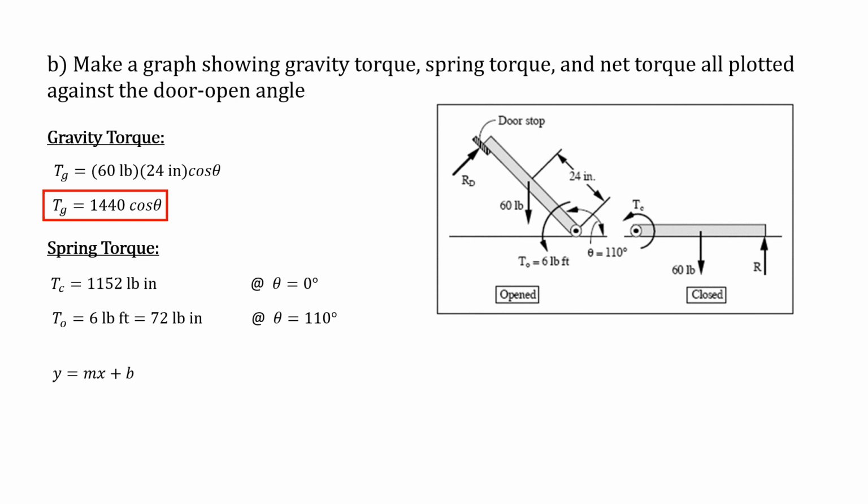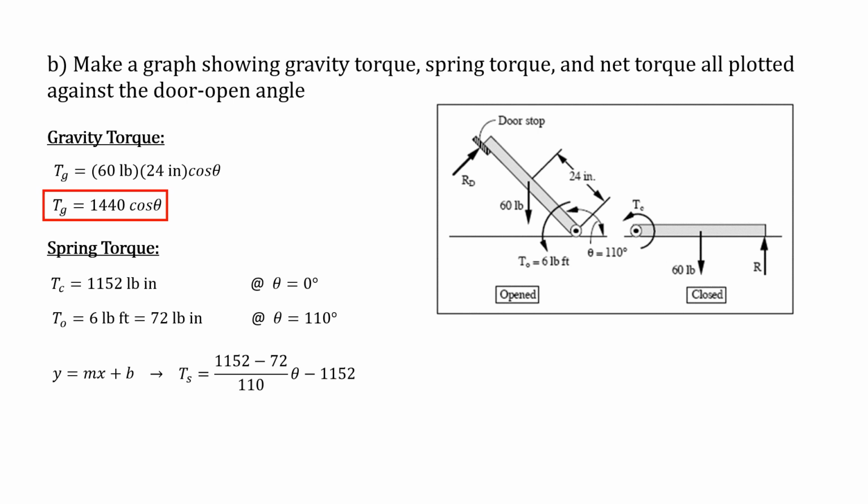So to find the equation of that line, we use y equals mx plus b. And so here your slope, so your rise over run, is just the difference between your two torque values, because torque is going to be on your y-axis. And that's divided by 110 degrees because that's the span on the x-axis between those two values.